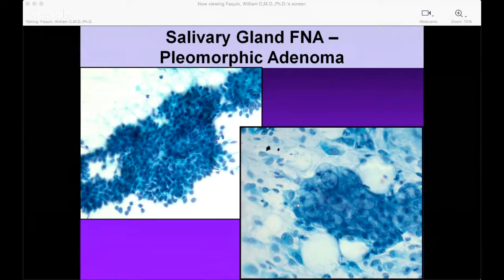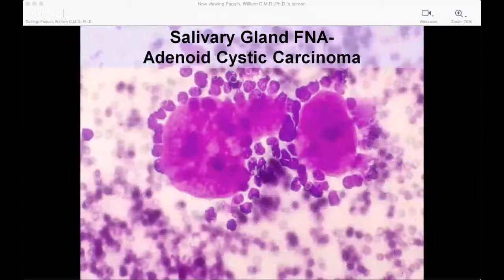These examples, fortunately, are rare, but when you have cases of pleomorphic adenoma like this, we have a difficult time on cytology making the definitive diagnosis. And what I'm going to show you in a little while is that when we use the Milan system, cases such as this would be in a category of neoplasm of uncertain malignant potential. And we'll come back to that.